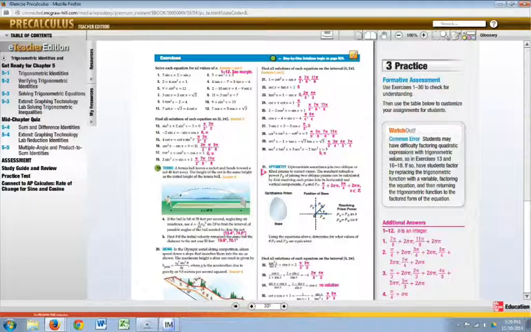I could say 1 minus secant squared. Well, that's secant squared minus 1. So I have a tan squared there. So if I were to move all this to one side, tan squared x, parentheses secant squared x minus 2.